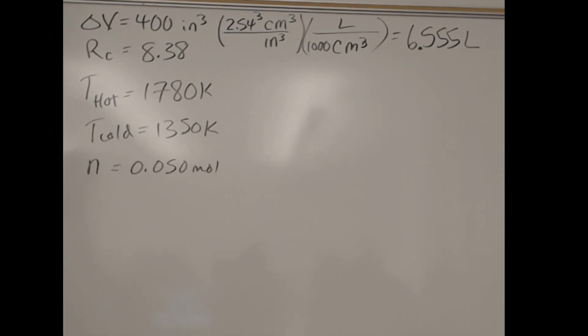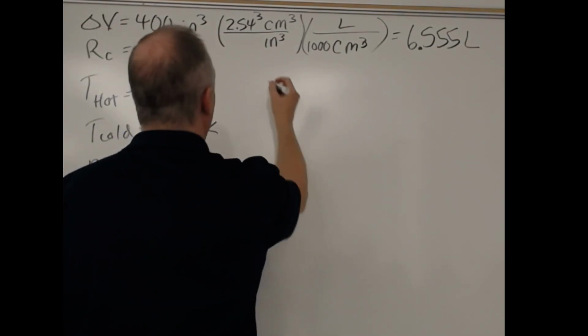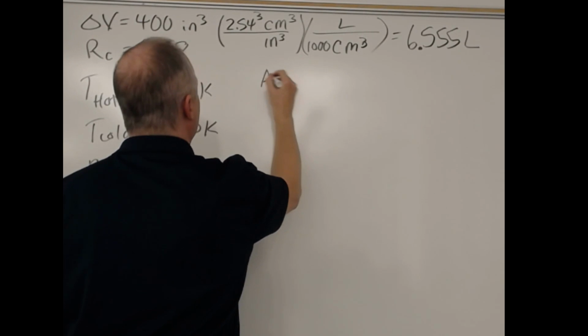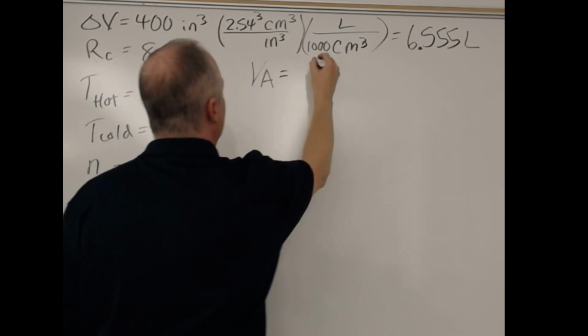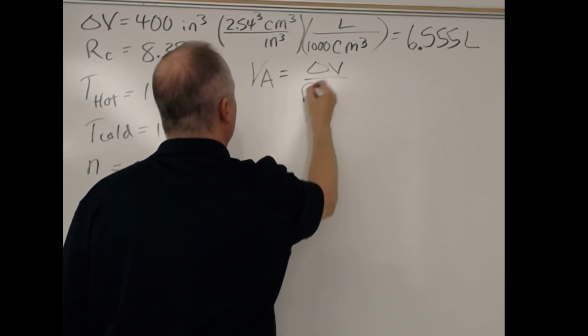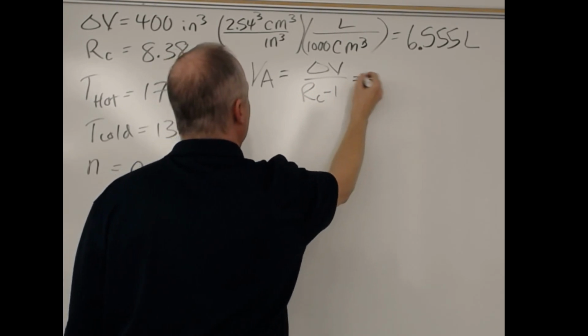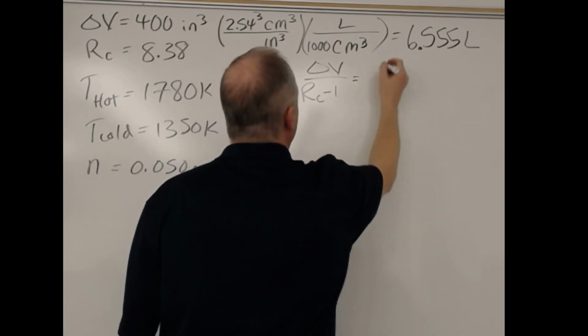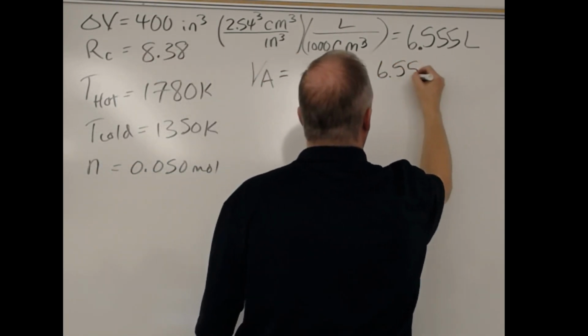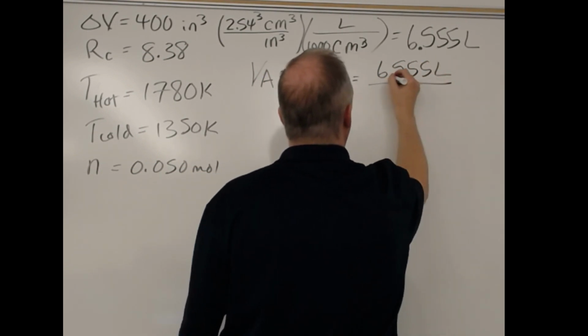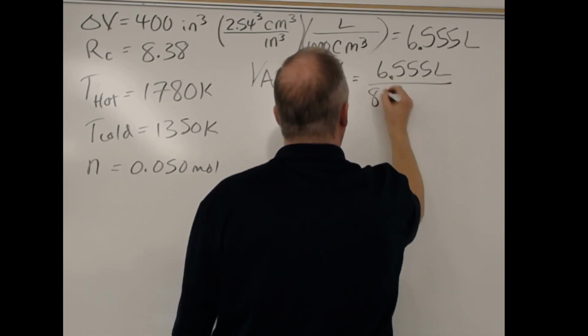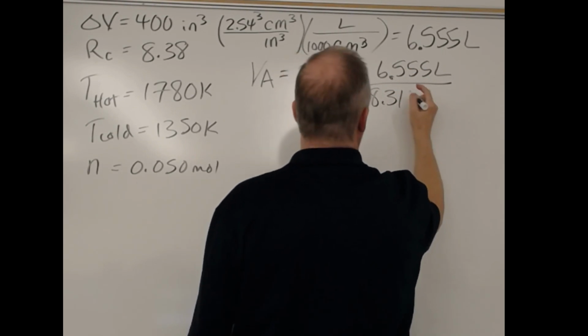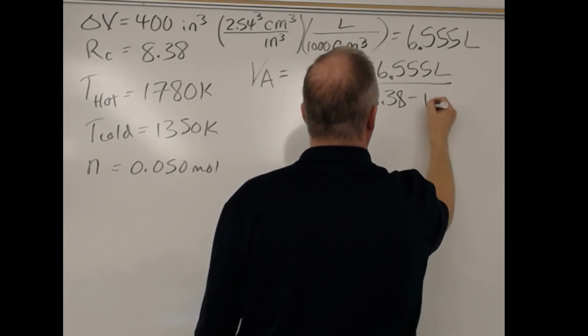Now we have that equation to use the delta V and RC to get VA. So VA is 6.555 liters over 8.38 minus 1.